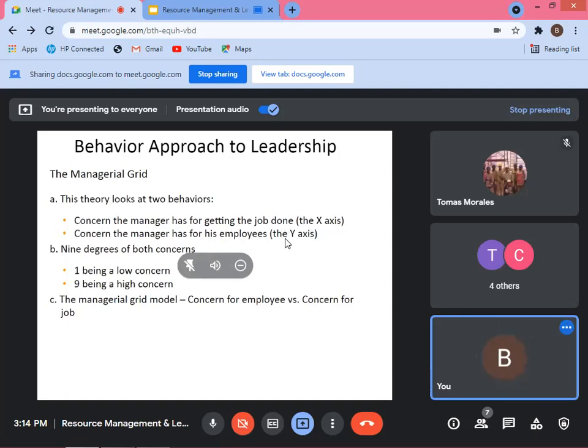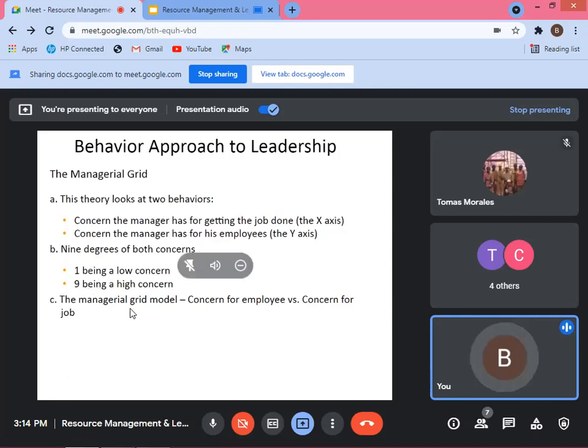Okay. There are nine degrees of both concerns, one being a low concern and nine being a high concern. So the scale would be 1, 2, 3, 4, 5, 6, 7, 8, 9, with 1 being the lowest concern and 9 being the highest concern.